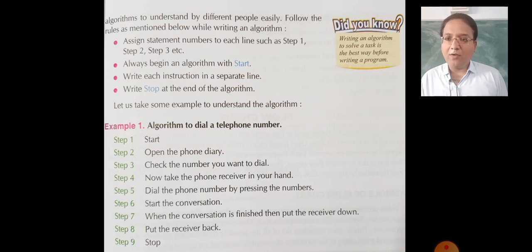Step 4, now take the phone receiver in your hand. Step 5, dial the phone number by pressing the numbers. Step 6, start the conversation. Step 7, when the conversation is finished, put the receiver down. Step 8, put the receiver back. And step 9, stop.